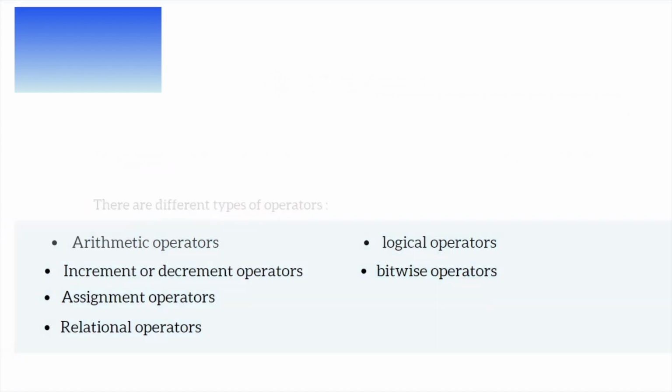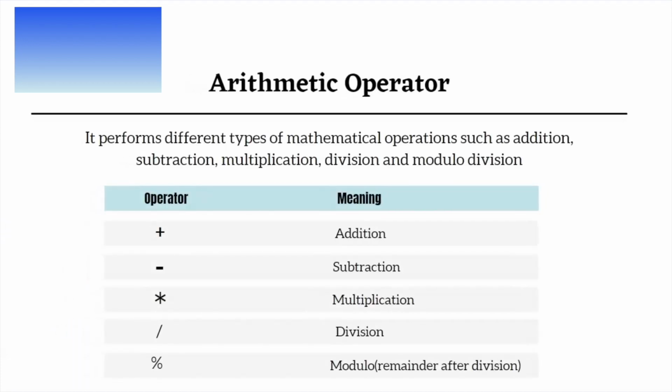So what is an arithmetic operator? It performs different types of mathematical operations such as addition, subtraction, multiplication, division, and modular division. On the left hand side there is an operator symbol, and on the right hand side it says the meaning of that symbol.